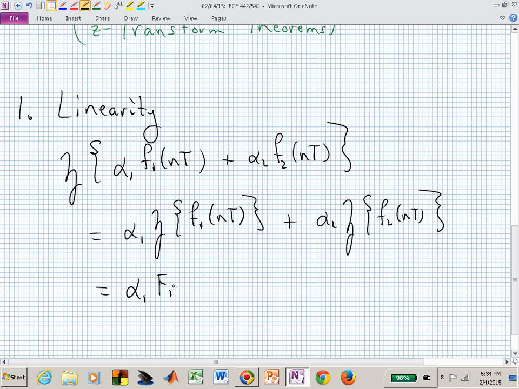And now you can simply take the Z-transform of little f sub 1, weight that by the same scaling factor alpha 1, and add that to a scaled version of the Z-transform of little f sub 2, with the scaling on f sub 2 being the same as what it was on lowercase f sub 2.